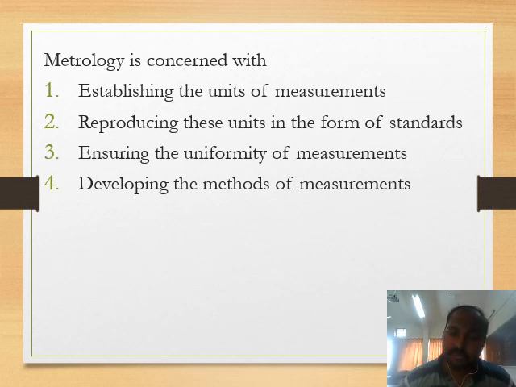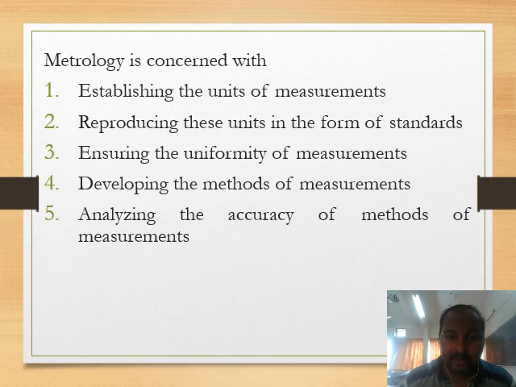That is nothing but developing different methods, which is possible when we understand the metrology concepts. And metrology is always concerned about analyzing the accuracy of methods of measurement. Maybe 100 methods are developed, we need to analyze what is the accuracy level that method can yield.